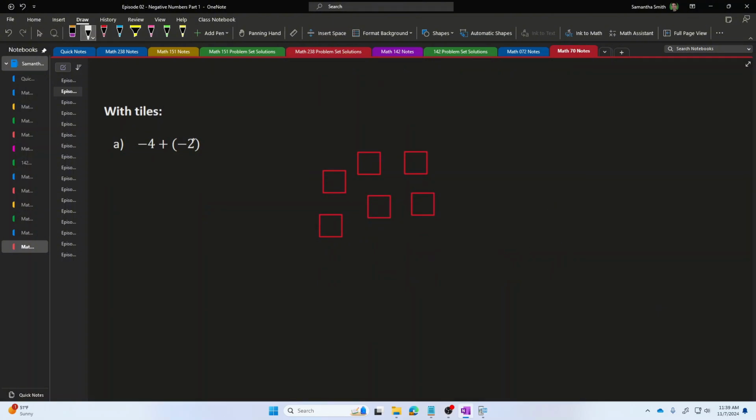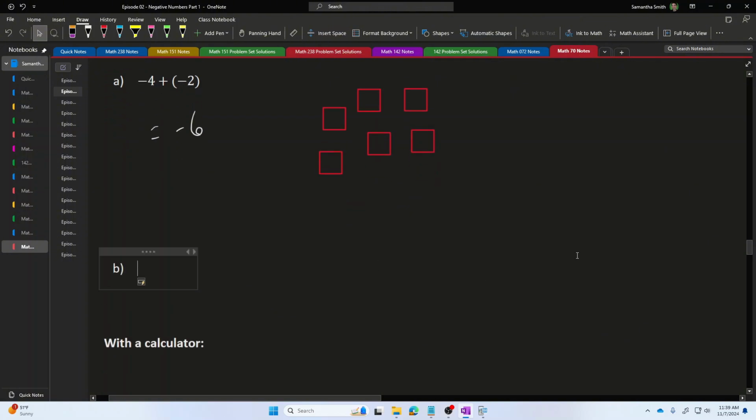In total, the result of this addition would be negative 6 units. And that makes sense. If I'm already in a little bit of debt and then I take on additional debt, then I'm going to end up even worse than when I started, with negative 6 units representing my debt.